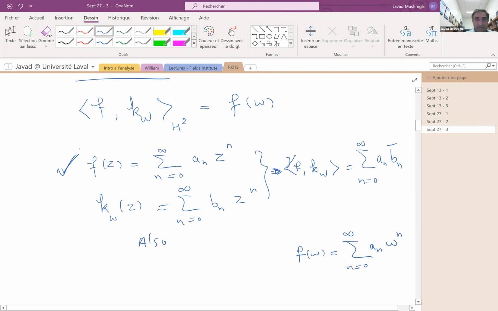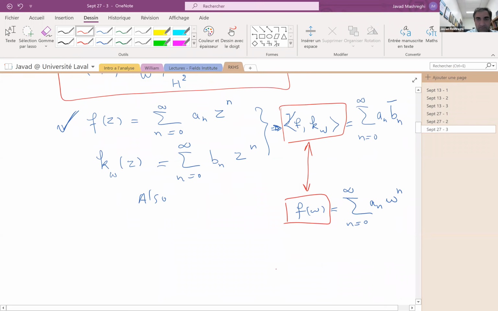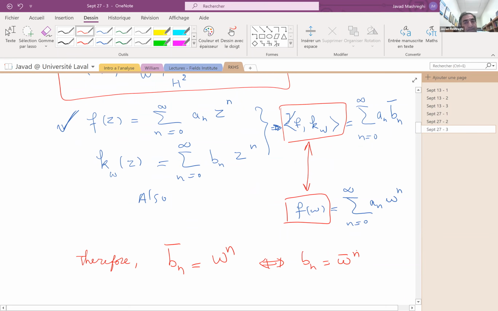And what I want is this part to be equal to this part. Therefore, the only choice: b_n bar should be equal to w^n. So b_n is w bar exponent n.